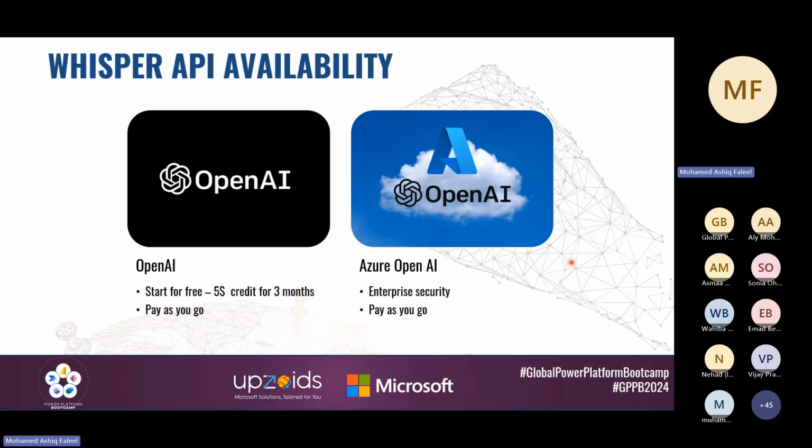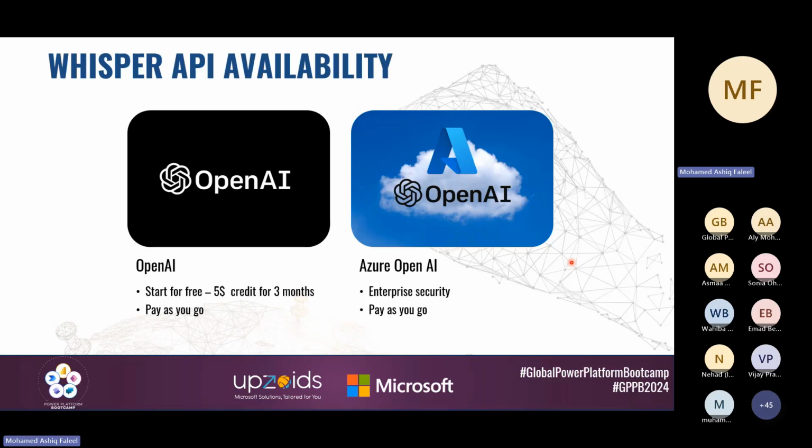I have used Azure OpenAI service, which comes with enterprise security. You can do roles, and you know exactly where the data is getting processed, in which data center, etc. So you can use the Azure OpenAI service for building enterprise apps or apps which you're creating for the organization.